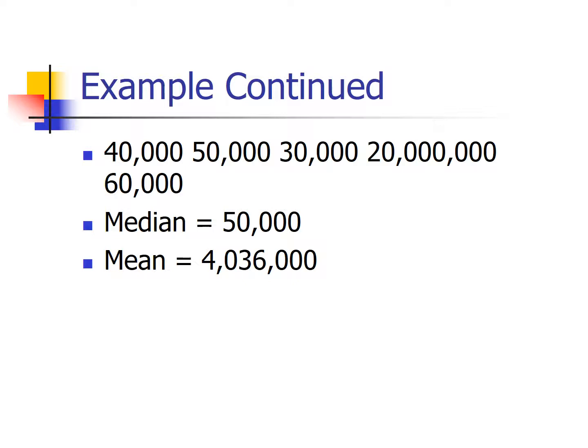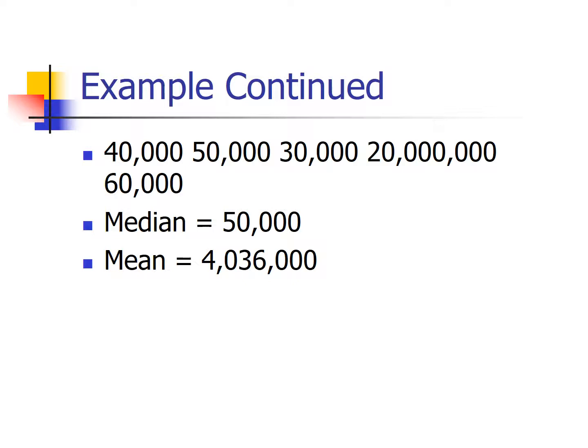And there's this one person, just this one flukish person, who's making 20 million. Now notice, this one fluke, it doesn't seem fair that one person, one number, could carry so much weight. It's not democratic. But we see that that is in fact what happens with the mean.